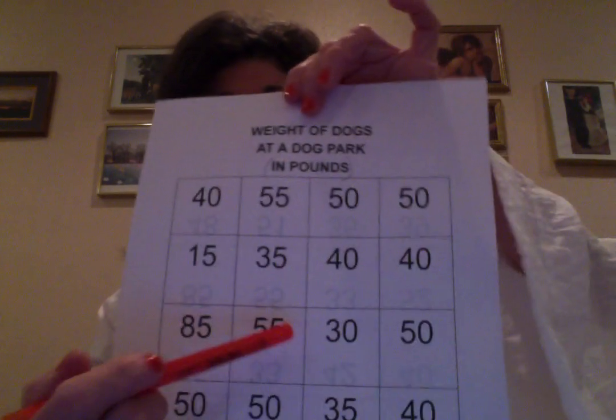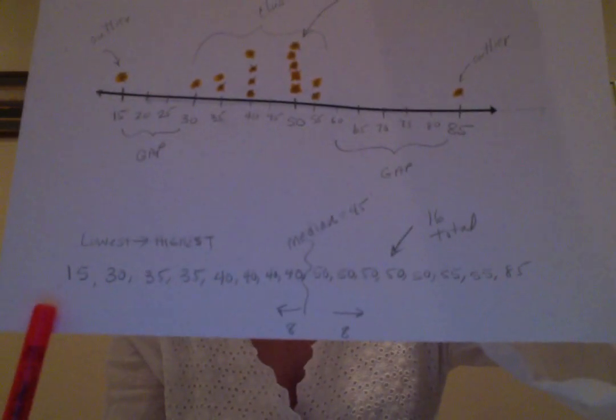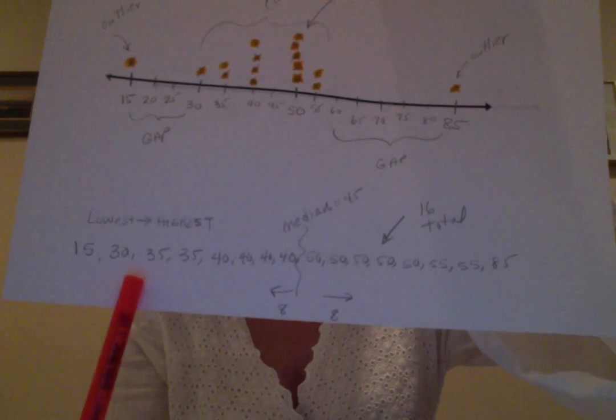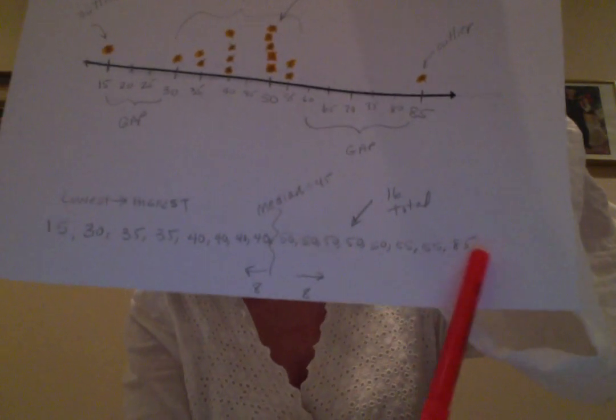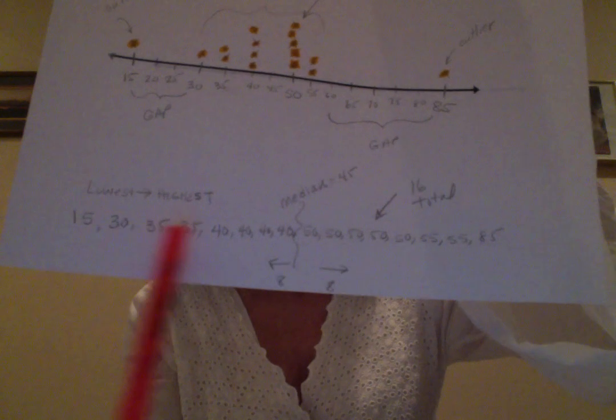And the median is the middle point of all your numbers. Okay, so how do you figure out the middle point? When I look at these, what is in the middle? Do we say, oh, it's right here? No, we have to line the numbers up from least to greatest. So the numbers are written down here from 15, 30, 35, 35, etc. Have all the numbers, and there's 16 of them.